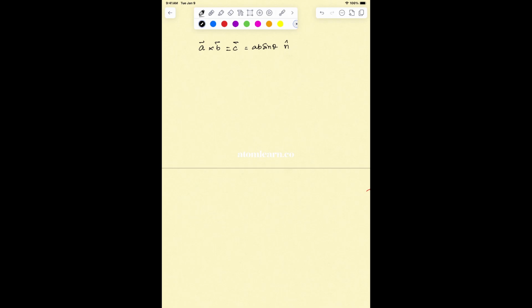Now in case A and B are expressed in i cap, j cap, k cap unit vector form, for example A x i cap plus A y component j cap plus A z component k cap. Similarly, B is expressed as B x component i cap plus B y component j cap plus B z component k cap. Now, how do we do this?